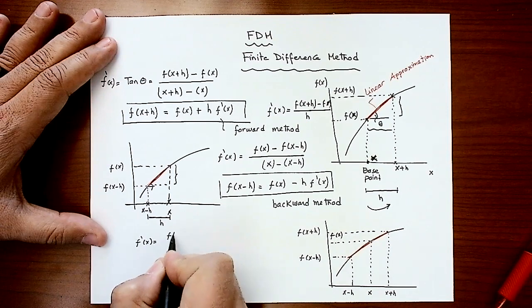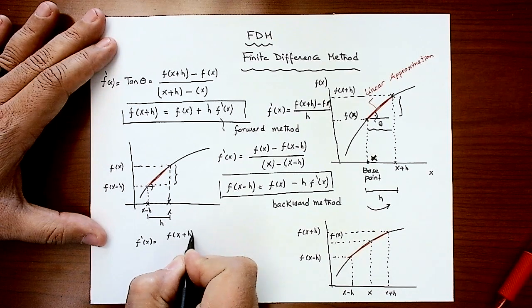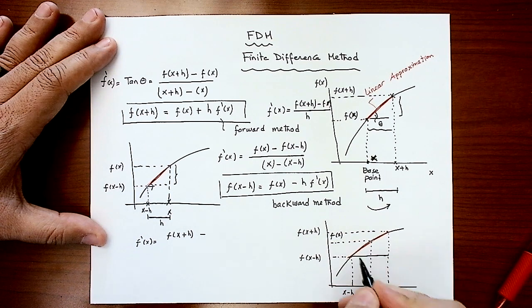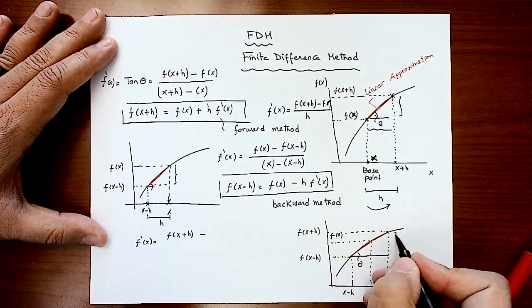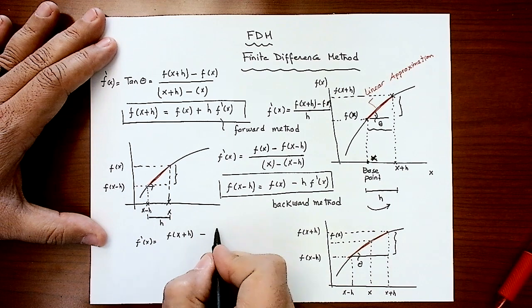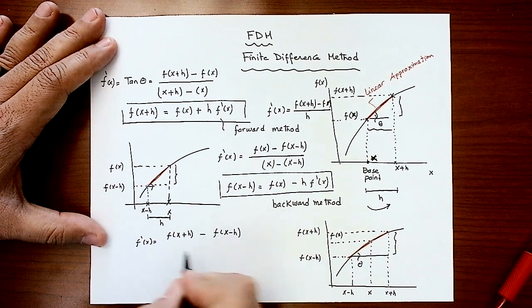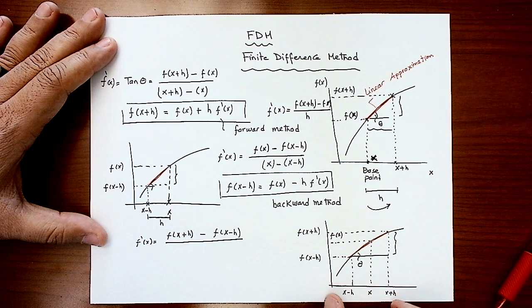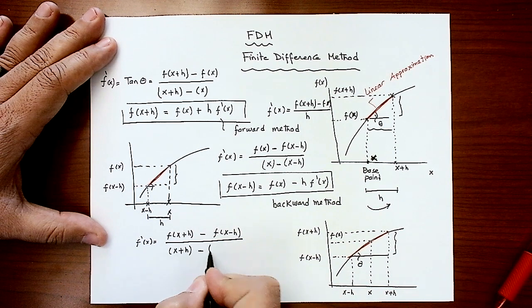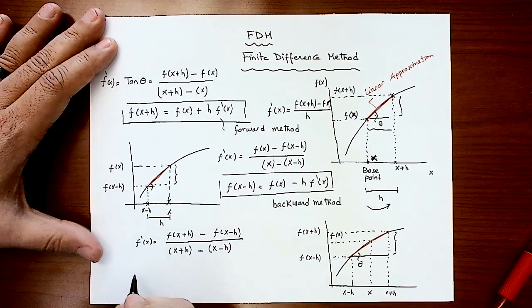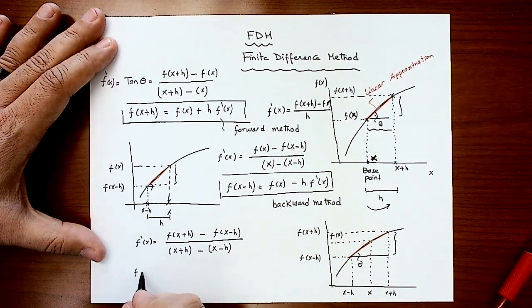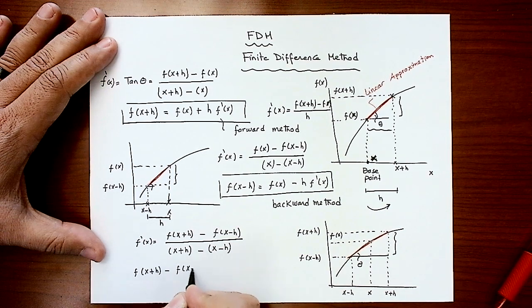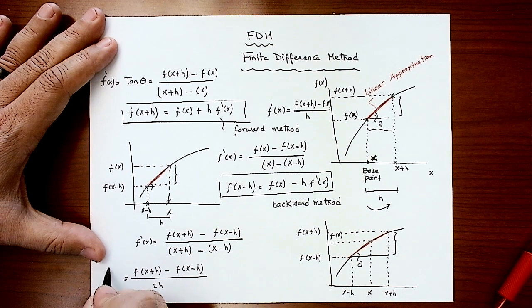It's going to be f of x plus h minus f of x minus h, and this is your angle theta, divided by the distance here, which is x plus h minus x minus h. You will end up having f of x plus h minus f of x minus h divided by 2h. This will give you f dash of x.